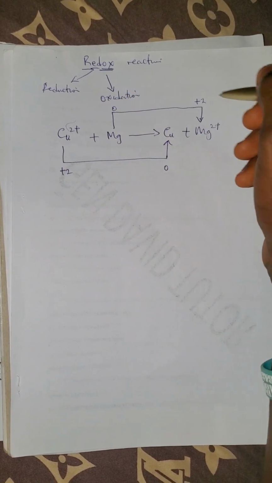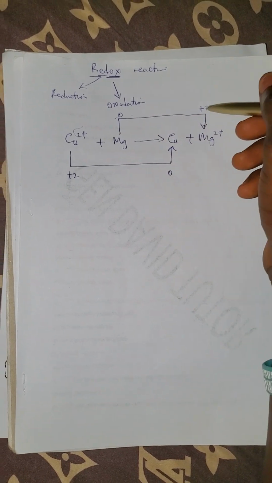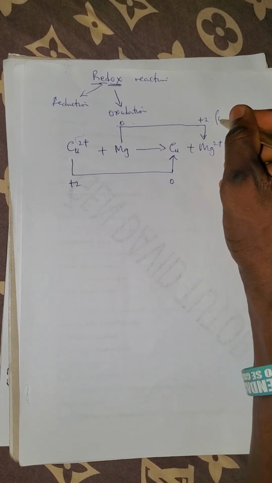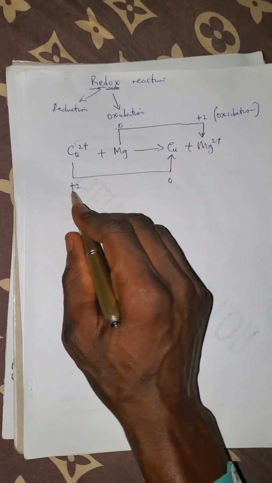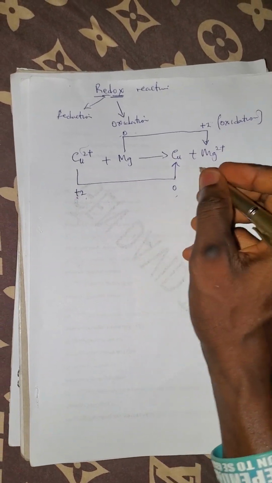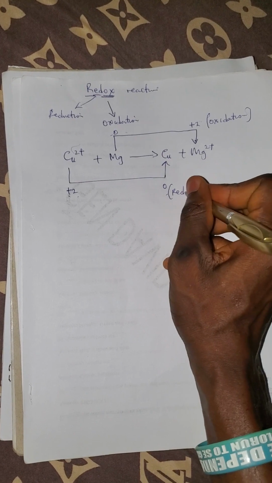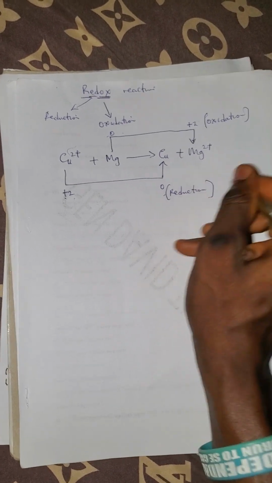You observe there is an increase in oxidation number here, and if there is an increase in oxidation number, we call it oxidation. If you observe this one from +2 to 0, there's a decrease in oxidation number, then we call it reduction.